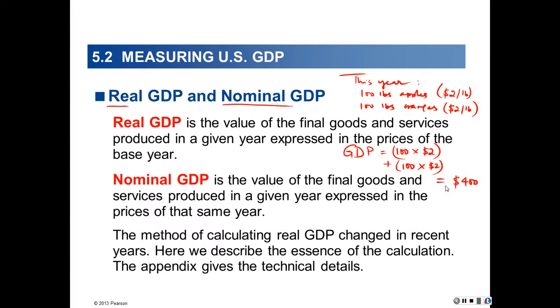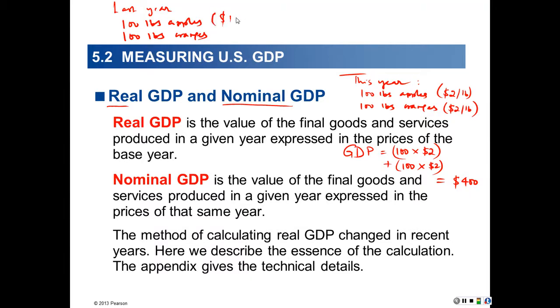Now let's say that last year, the economy also produced 100 pounds of apples and 100 pounds of oranges. So the actual output of the nation was the same last year, only that last year the prices of apples and oranges were lower.